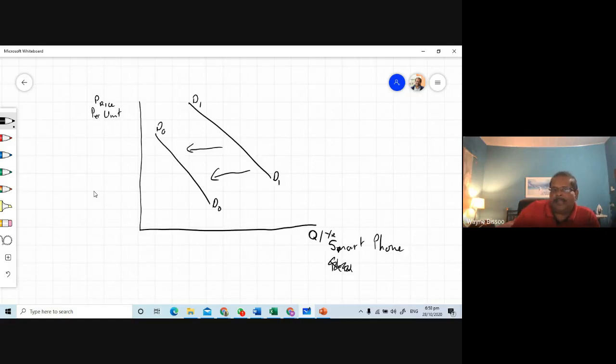So you're going to delay buying it, and it's going to cause the demand at all price levels to fall. Not because prices changed, but because of the expectation of a newer version coming out. So that's how expectations work in impacting demand. That makes sense?